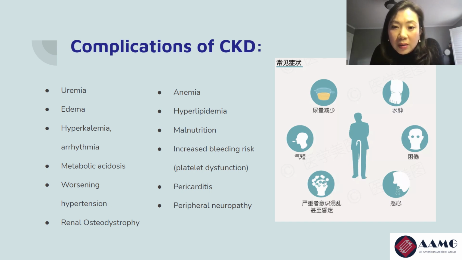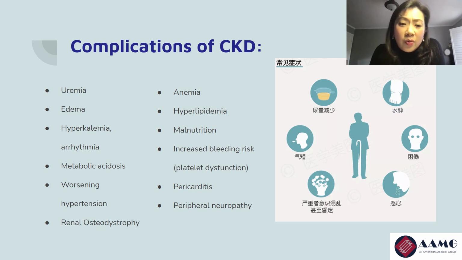The water will not be able to get out of the system, so a lot of people have edema, swollen in a lot of places, not just at the ankles, it will be all over. People will have too much potassium, which causes hyperkalemia and can cause very dangerous irregular heart rhythms. So this is an acute condition that needs to be treated.